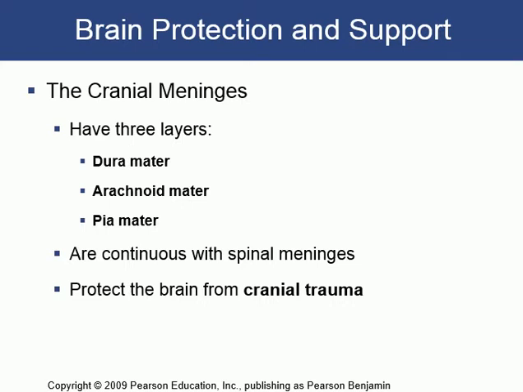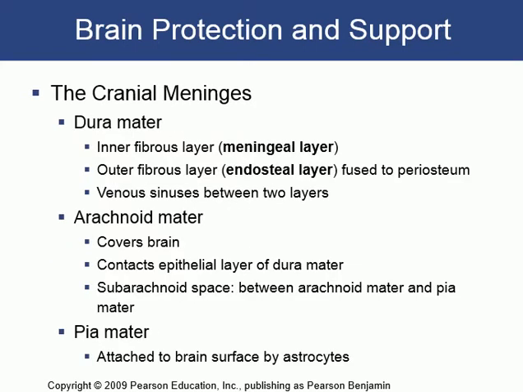Cranial meninges, PAD, as we talked about before. Here the dura mater itself is 2 layers. And the dura is the outermost layer, right? So it goes like this: pia, arachnoid, and dura. The dura itself is 2 layers.